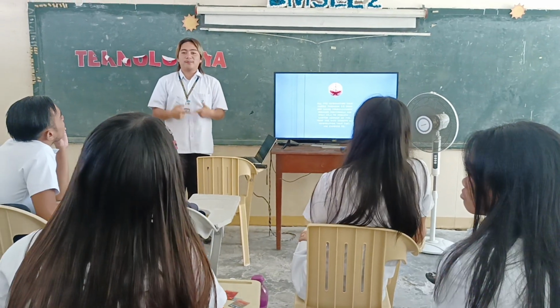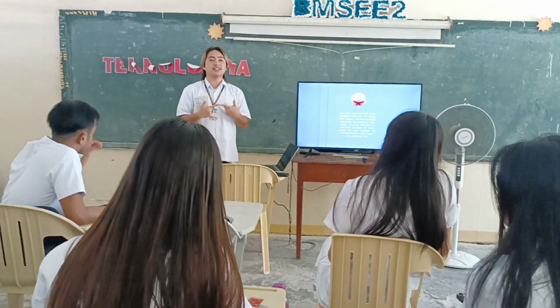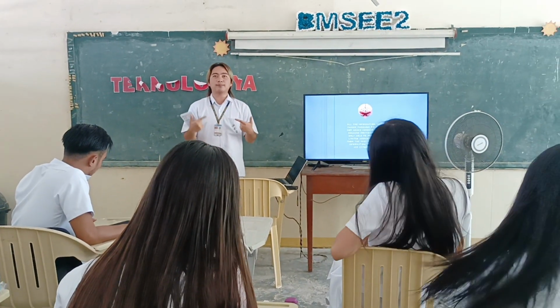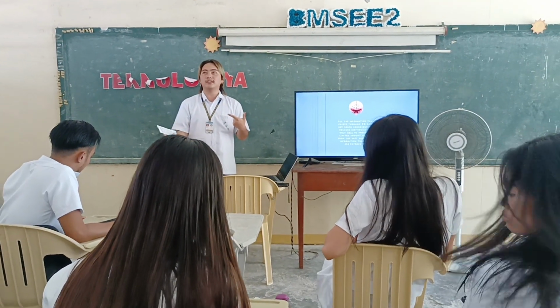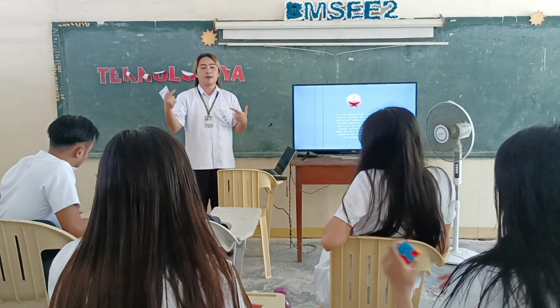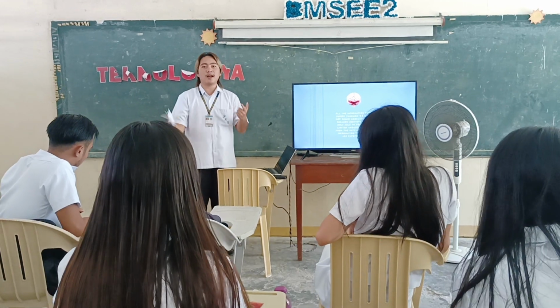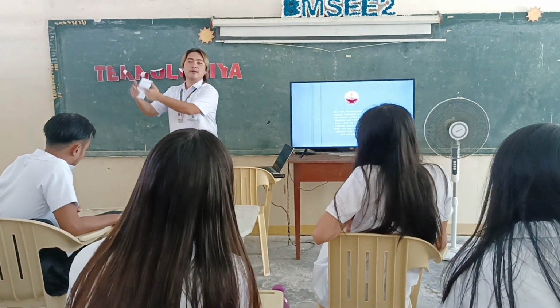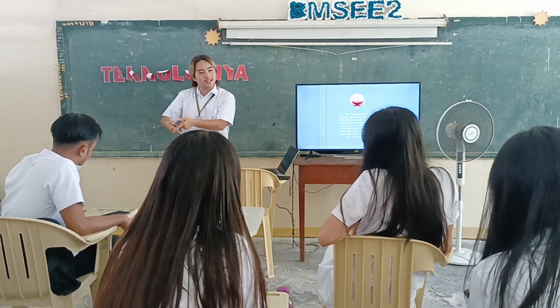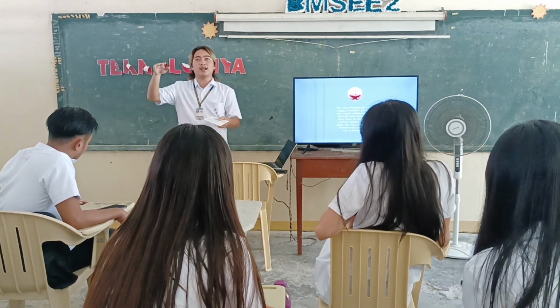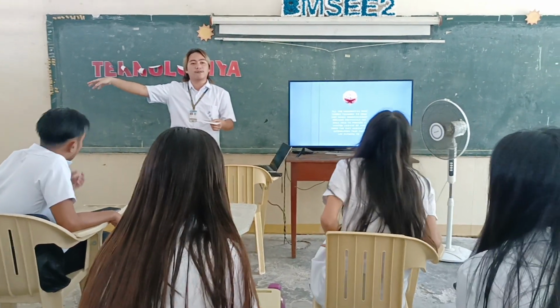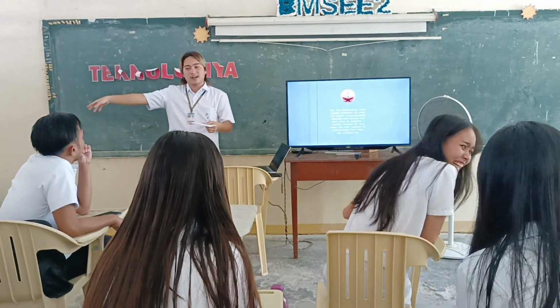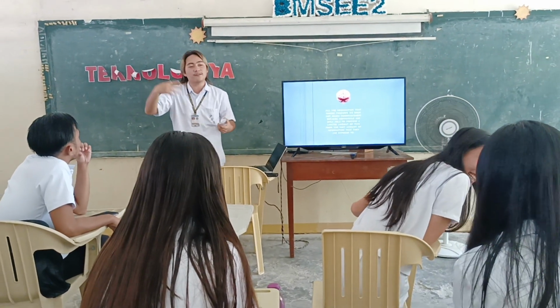Unlearning and relearning. Just sharing. Did you know that our brain can store up to 2.5 petabytes? Gigabyte, megabyte, petabyte, terabyte. A petabyte is more like thousands of gigabytes. Our brain can store that much information.